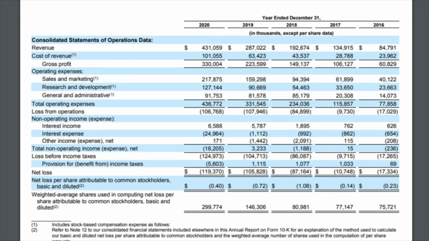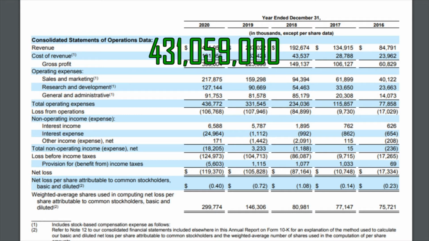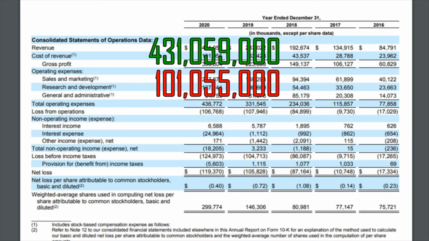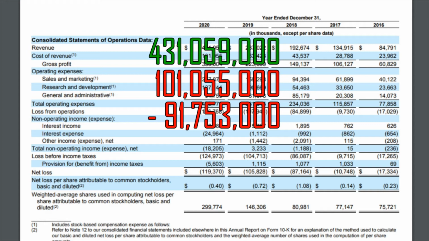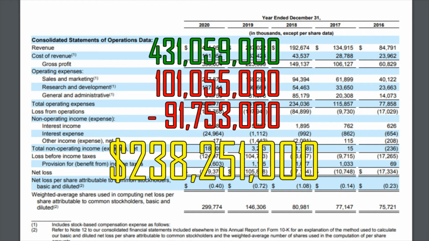So if we take the revenue of 431.059 million, we subtract their cost of revenue of 101.055 million, and then we subtract the general and administrative cost of 91.753 million, we end up with 238.251 million, which is pretty good when you consider their revenue.